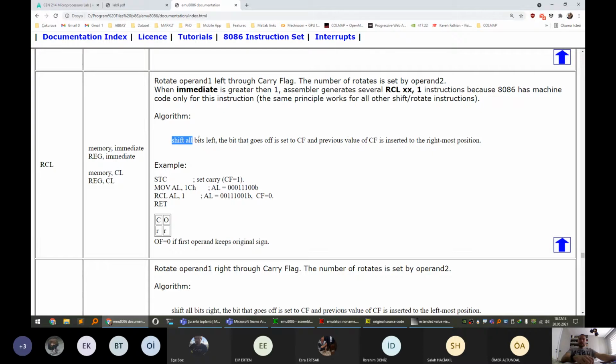Okay. Shift all bits left. The bit that goes off is set to carry flag, and previous value of carry flag is inserted to the rightmost position. The previous value, not the same value that goes off, but the previous value of carry flag. It is important. Okay, blah blah blah.